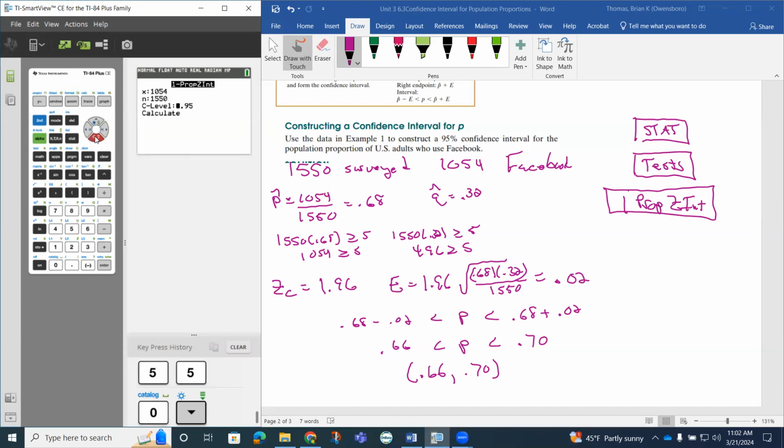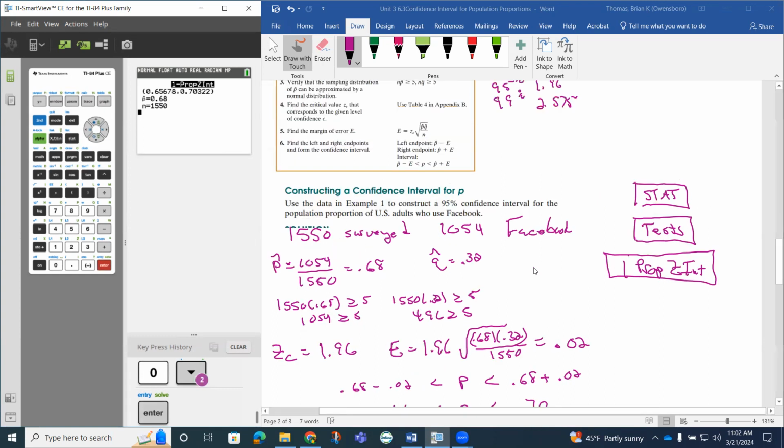Our level of confidence was 95%, so that stays there. If I calculate, notice how it gives us 0.656, which would round to 0.66, and 0.703, which would round to 0.70. So that gives us our confidence interval without having to calculate the margin of error. It bypasses that step.